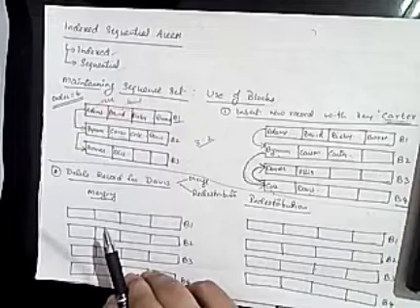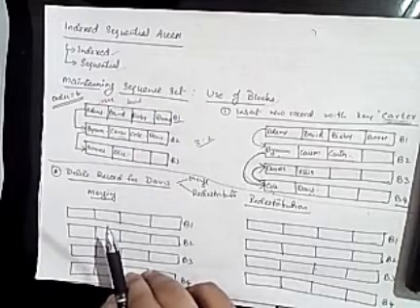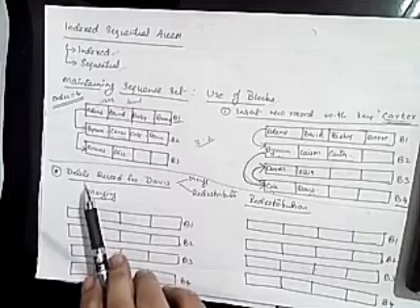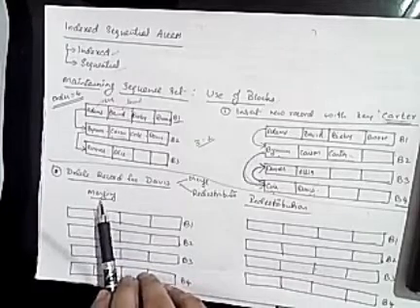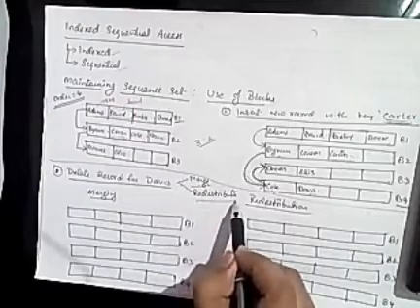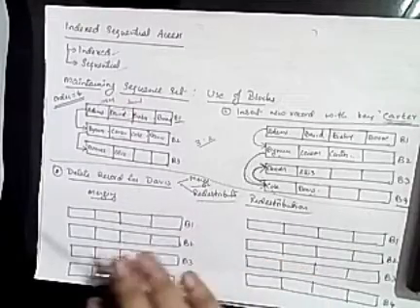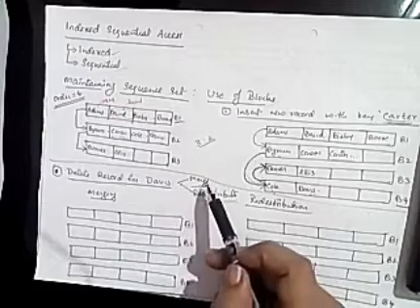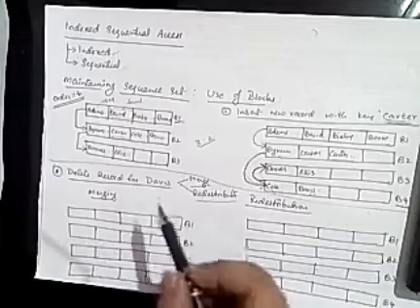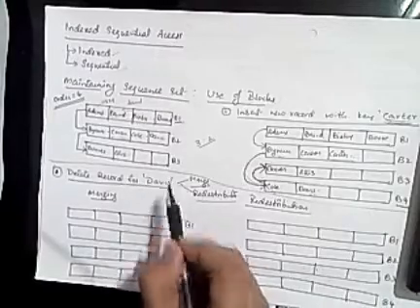Now let us see how we can delete records. When you have deletion, we have merging as well as redistribution. As we have studied in B-trees, here also we have merging and redistribution of blocks. Let us delete a record called Davis.